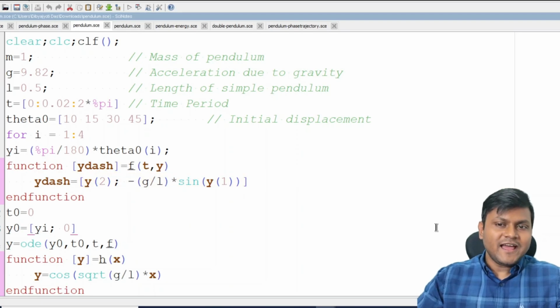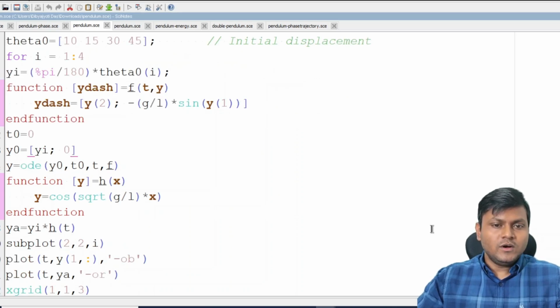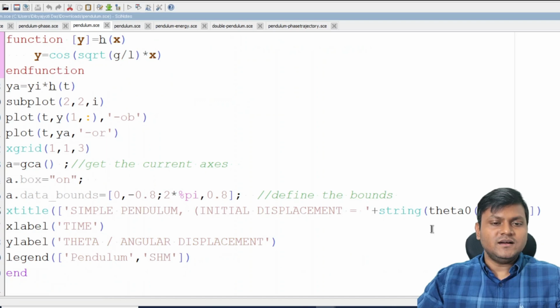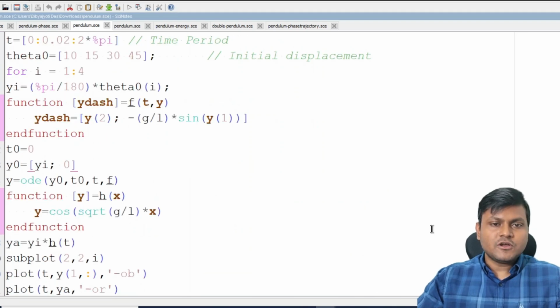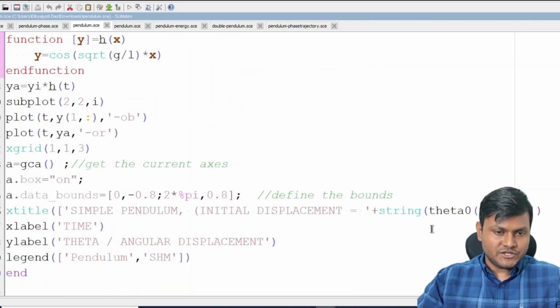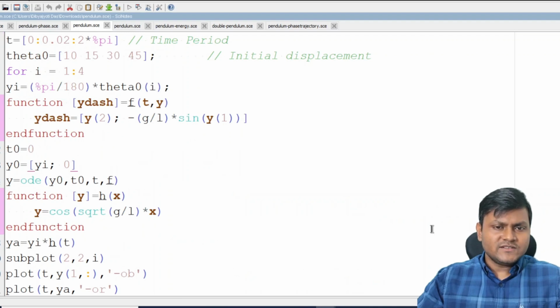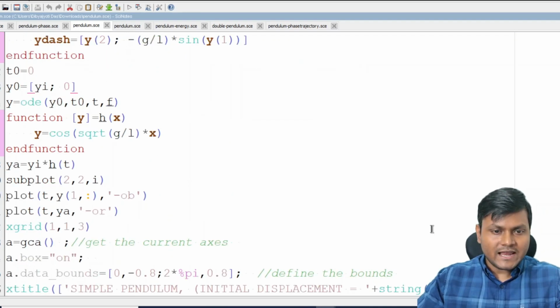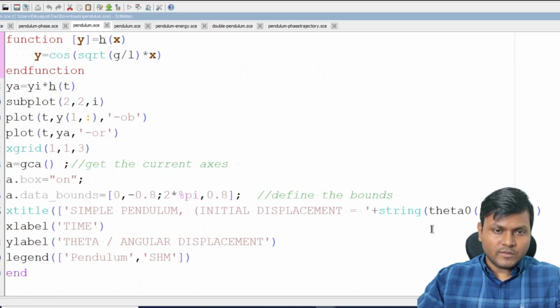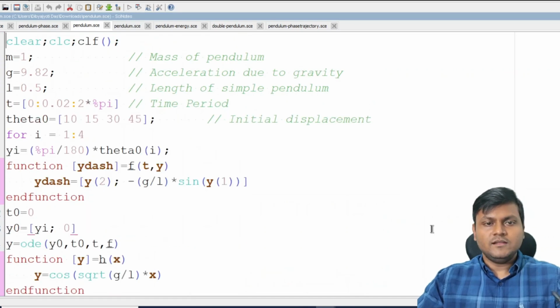Okay, so here I have created a program in Scilab to find out the nature of the solution of a second order differential equation. No need to go into the details of the program. If you are familiar with Scilab, you can copy it from here and try to create the program yourself. Otherwise, just look at the results, because it is the results that we are interested in.